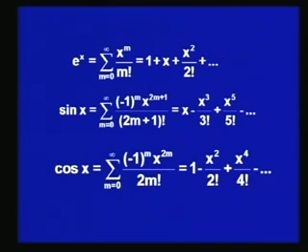And then we can take the cos x function, which is sigma m equal to 0 to infinity minus 1 to the power m x to the power 2m over 2m factorial, or we may write it as 1 minus x square by 2 factorial plus x to the power 4 by 4 factorial and so on.